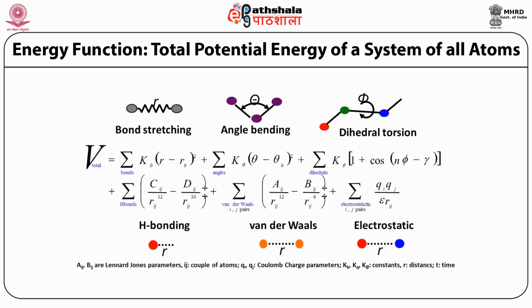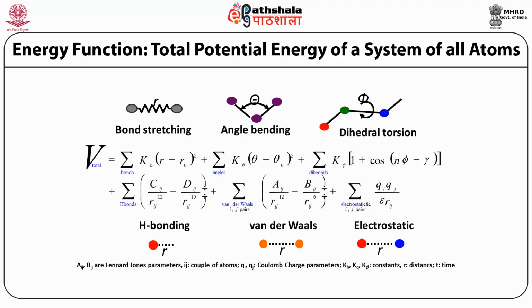Energy function. A potential energy function specifies the total potential energy of a system of all atoms as a function of their coordinates. These energy functions are basically a description of a set of functional forms and parameters used to compute the potential energy of the system of interest.